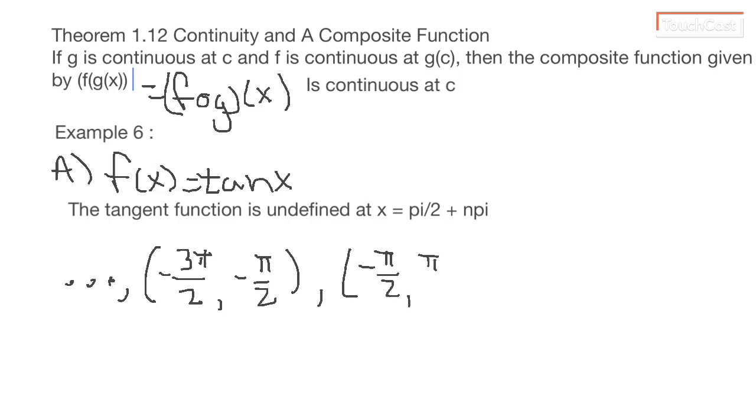These are open intervals, not closed, because we are not including any of these endpoint values. It's just the values between these that tangent is continuous at. So we also have from pi over 2 to 3 pi over 2. And if we kept adding or subtracting pi, we'd find more intervals where tangent is continuous.